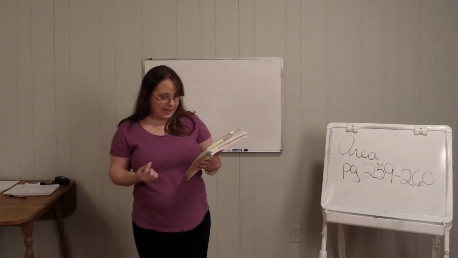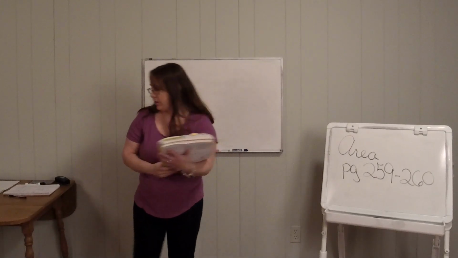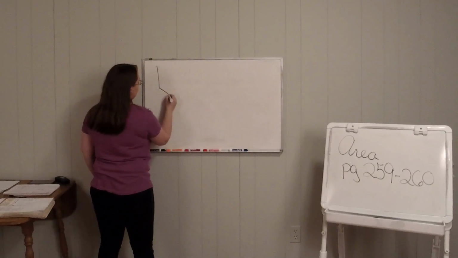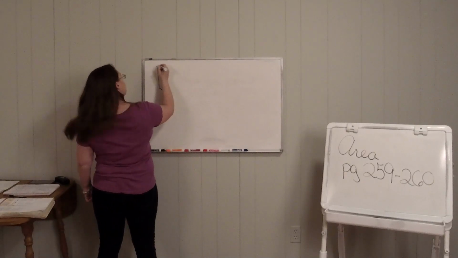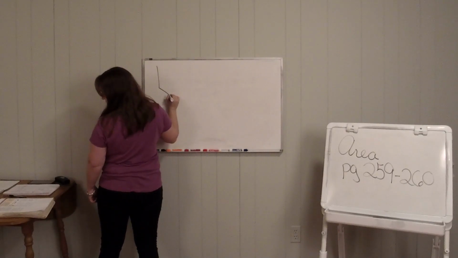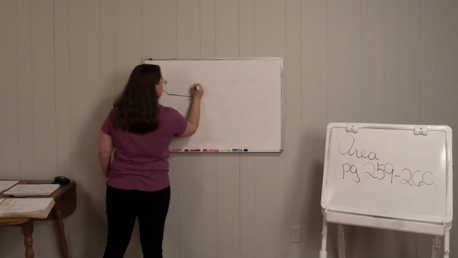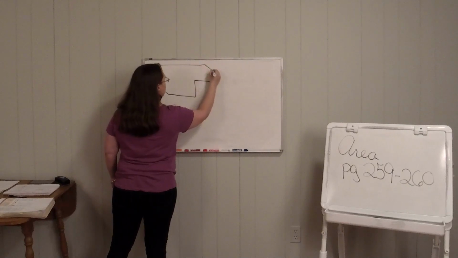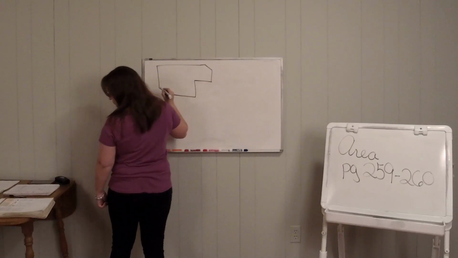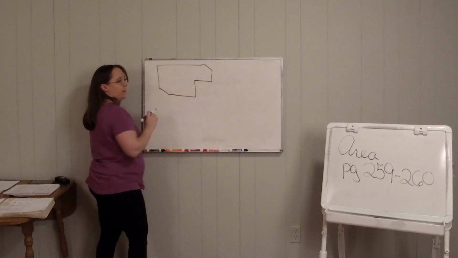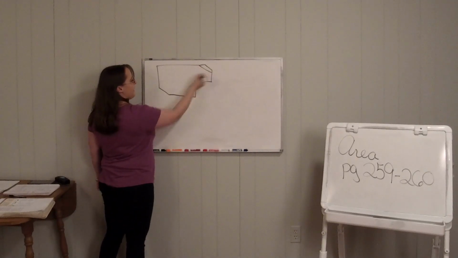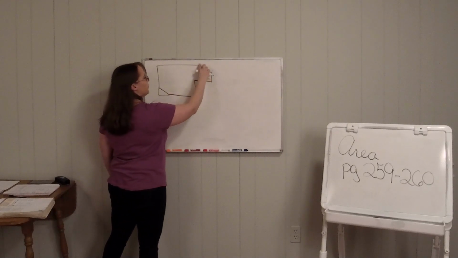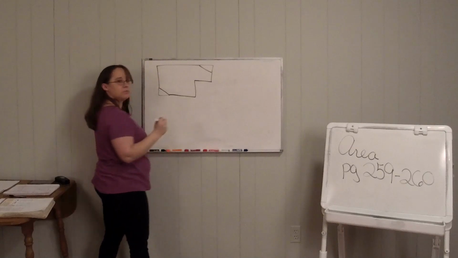If you look at C, I can't draw it exactly the way it looks, but I can try. There's two parts that are kind of slanted. So if you drew a line, it'd be like part of a triangle.